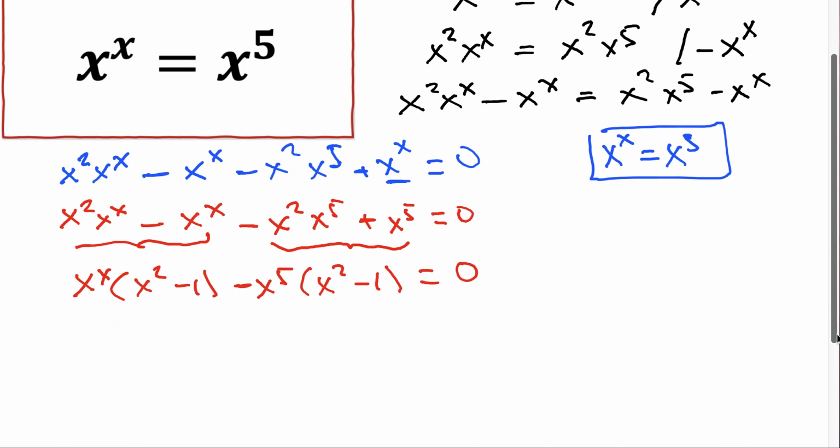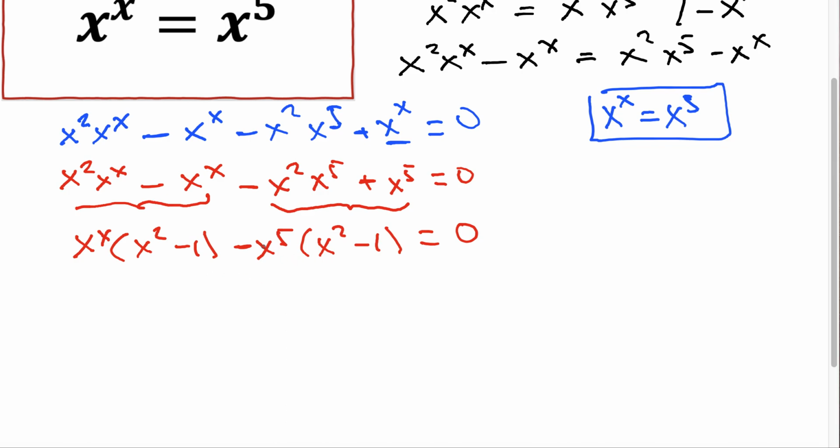And if we are looking here, what is the common factor for these two terms? The common factor is x squared minus 1. So I can write x squared minus 1, and what remains is x to the x minus x to the 5. Everything is equal to 0.